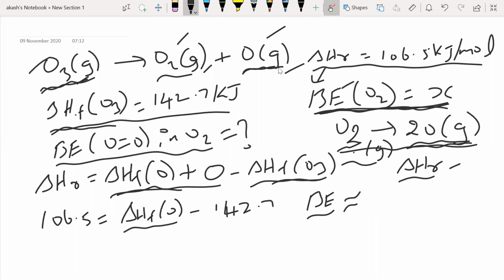How will I go about it? Again, it's simply going to be equal to enthalpy of formation of products minus enthalpy of formation of reactants. Can you tell me how am I going to go about it here? How will I write it here? This bond enthalpy is equal to what? Or say delta HR for this reaction is equal to what? How will I write it in terms of enthalpies of formation?